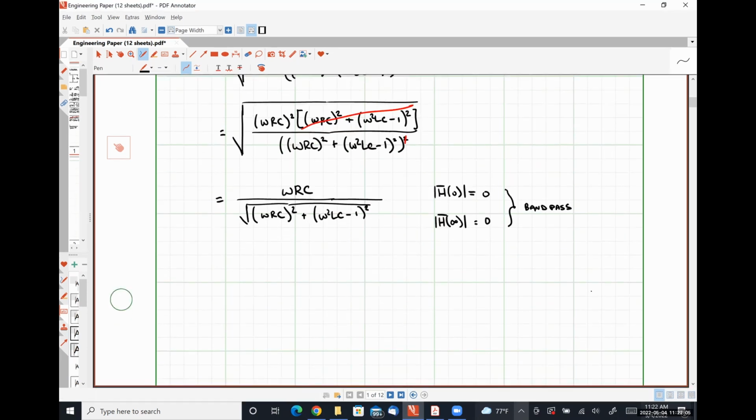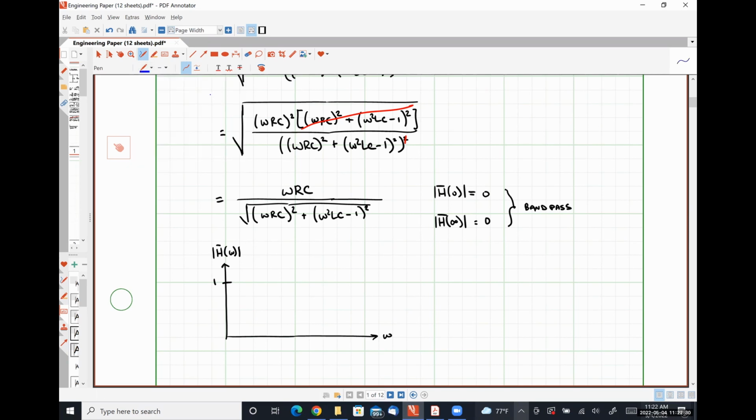So if I were to plot this response, right here is the magnitude of H as a function of omega. This is 1. This is omega.